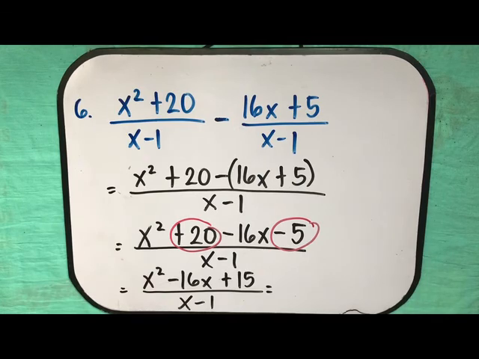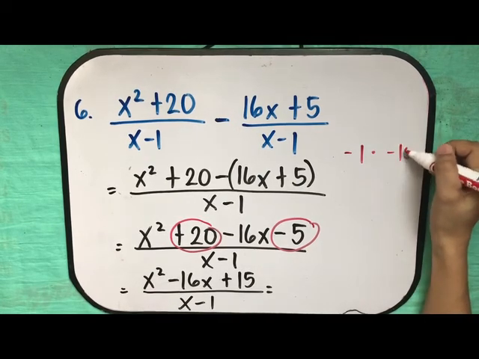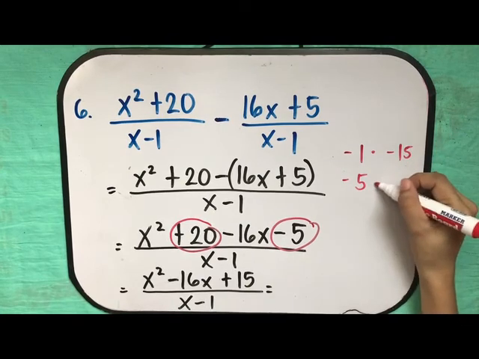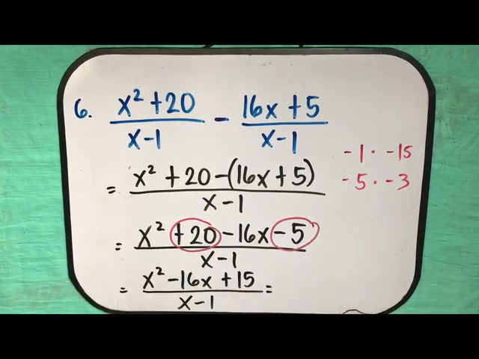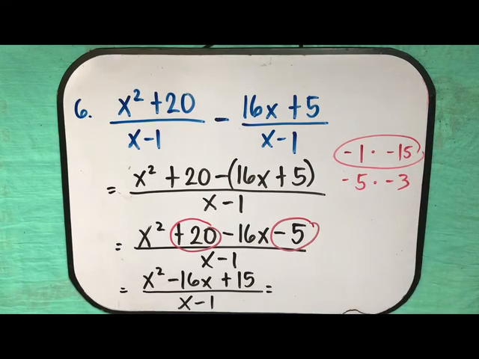The factors of 15 are negative 1 times negative 15, negative 5 times negative 3. So, which of these two pairs will give a result of negative 16? As you can see, the negative 1 times negative 15, when added, you will get negative 16. So, that will be the factors.